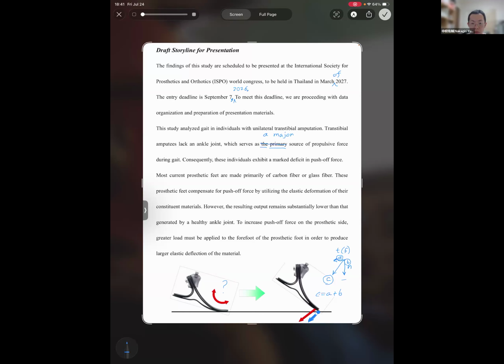Yes. We have a chain of elements. And if we eliminate one element of the chain, then we lose a major element. But we can't say that any one element is the primary. Does that make sense to you?